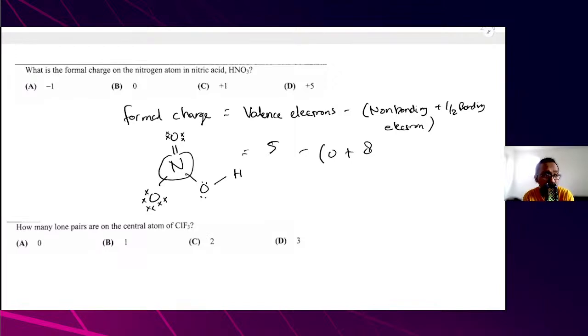So N is part of 4 bonds in total. So the total here is 1, 2, 3, 4, 5, 6, 7, 8. So there are 8 electrons divided by 2, so it will be 5 minus 4. It will be 1. Okay, it will be 1.